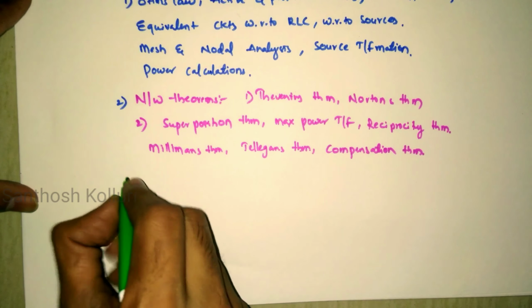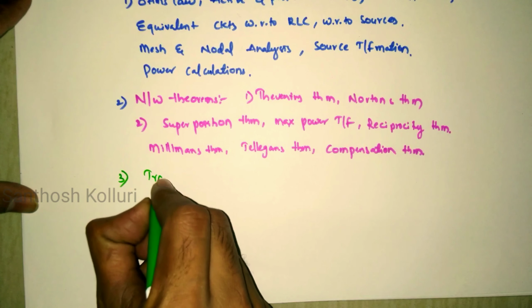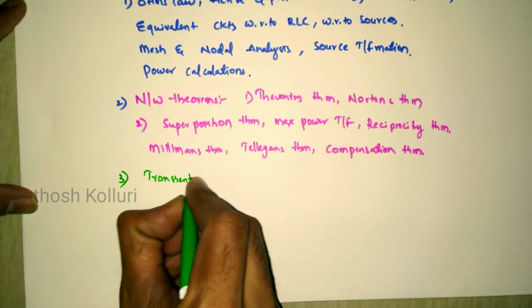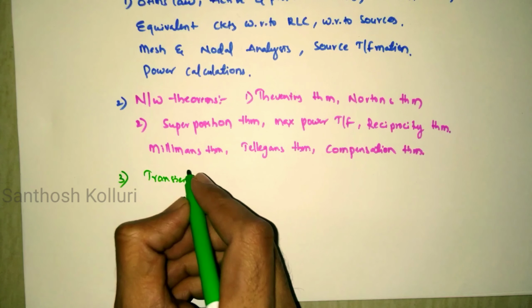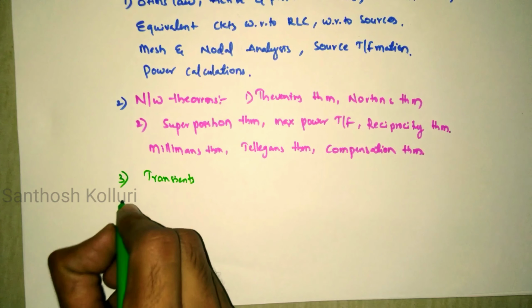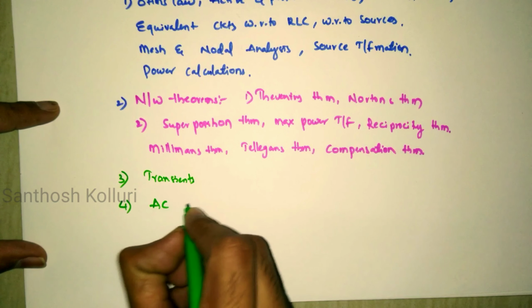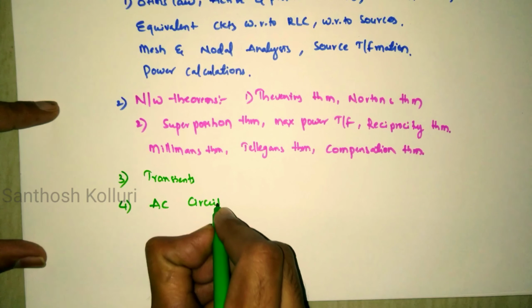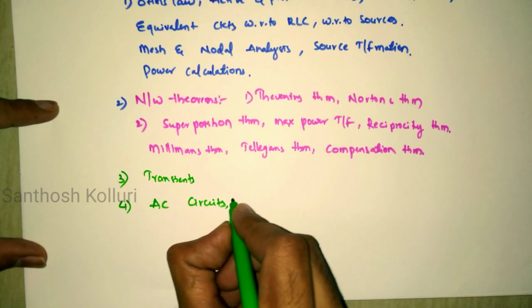And coming to the third part, we have transients, both DC and AC transients, source-free circuits and with-source circuits. And the fourth one is AC circuits. The fifth one is magnetic circuits.